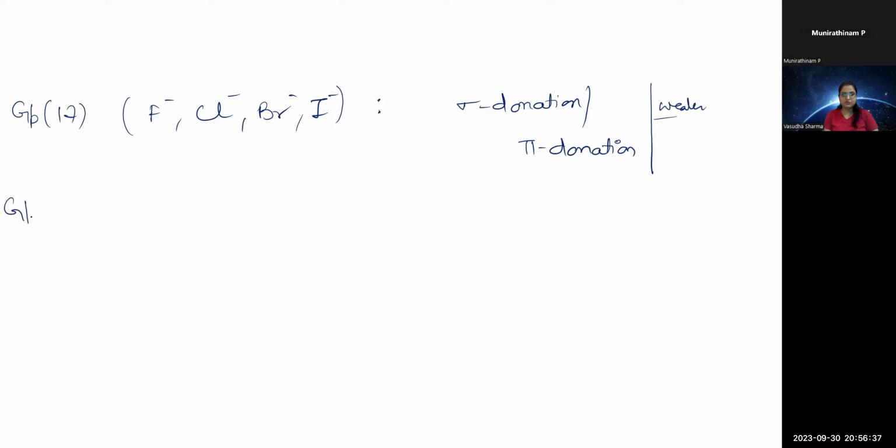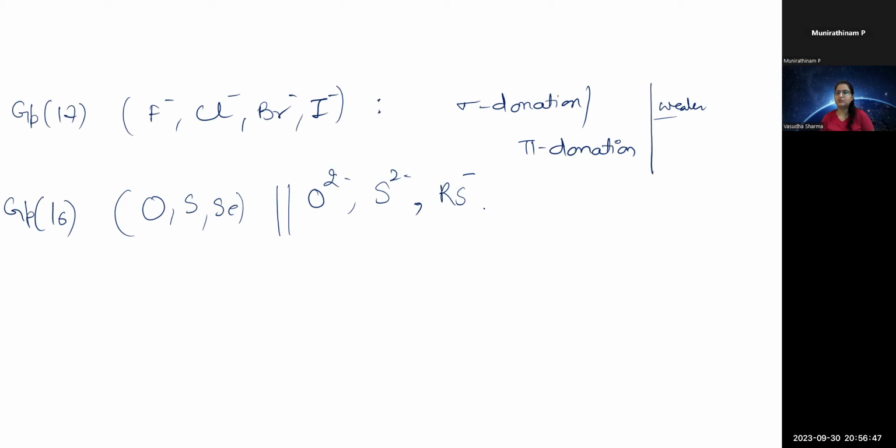Now, if I talk about group 16, there we have oxygen, sulfur, and selenium, which can be in oxide form, sulfide form, thiol form, or water form also. In these cases, we have sigma donation and pi donation. This also comes under the weak field ligand category, but stronger compared to group 17, right?